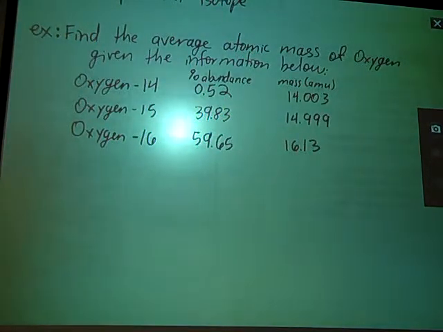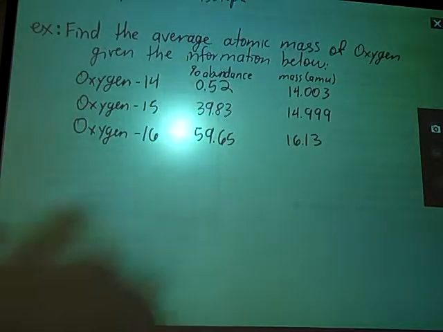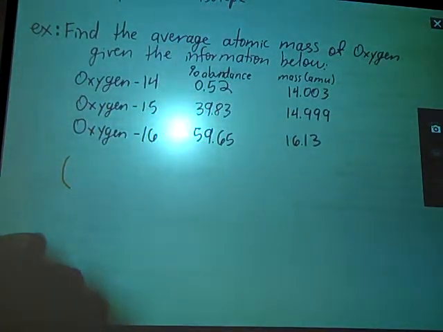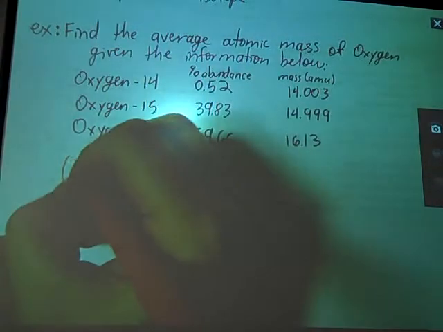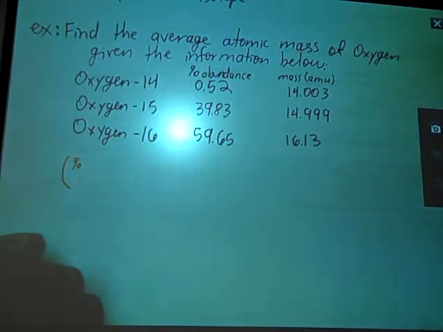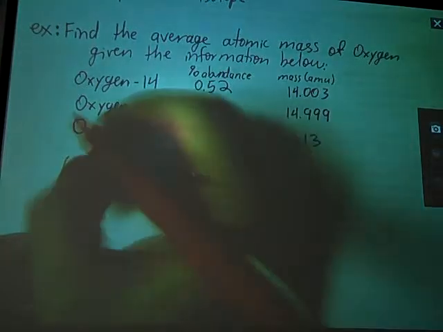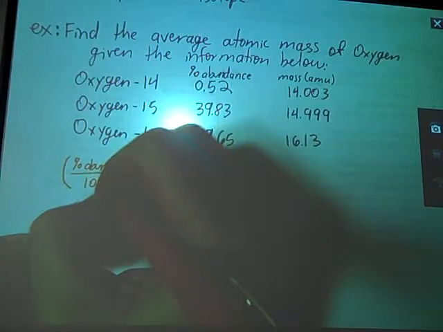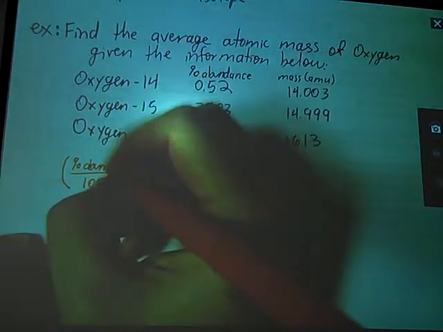And the formula that you use whenever you're trying to find average atomic mass is we do percent abundance times the mass. But you have to remember to take the percent abundance out of percent form. Sometimes it's easy to forget. So I like to put it over 100 in my formula just as a reminder.